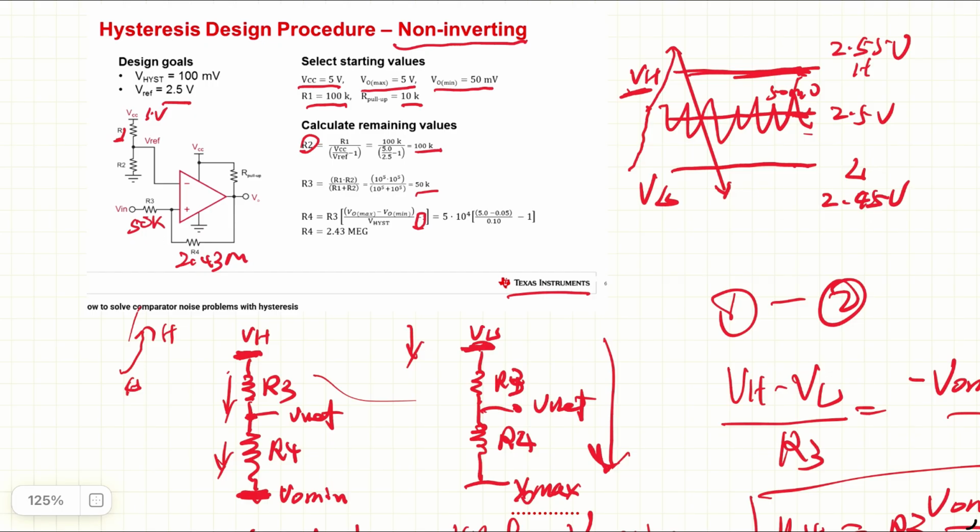You choose these values so that whenever the input is at the upper limit of 2.55 volts and the output is 0 volts, you get 2.5 volts here. You can put this into the calculation to double check that. In the other case, when the input is 2.5 volts, remember the output has changed to the other side, to the top rail. So the output is 5 volts.